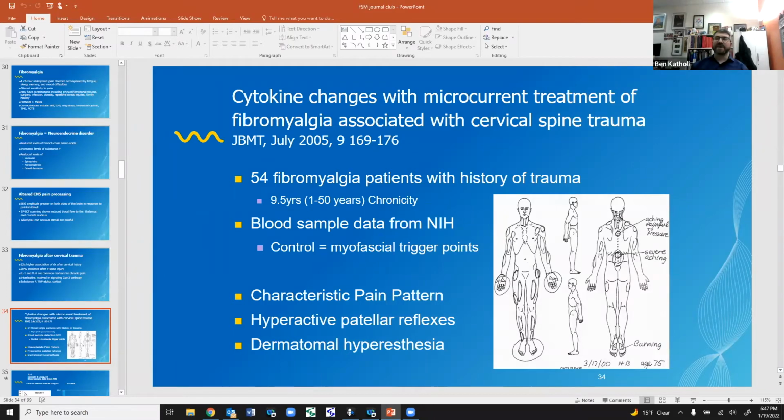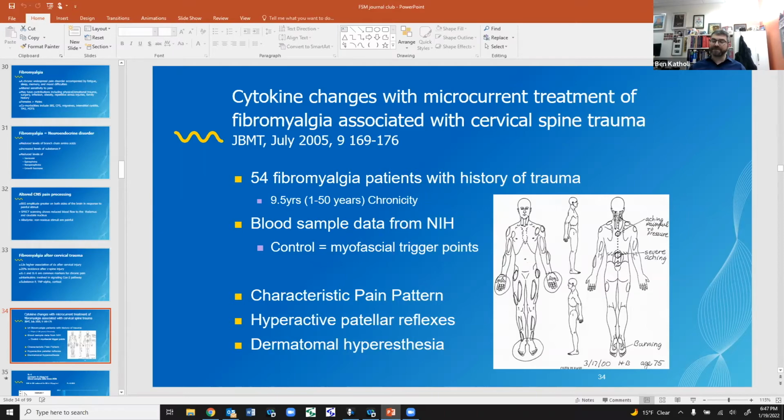So they were only able to do lab draws on a small number of these patients. But they had 54 patients who met the current ACR criteria back in 2005, or actually 2003 when they did the study.